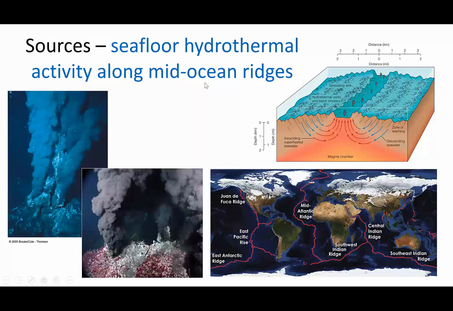We have seafloor hydrothermal activity along mid-ocean ridges. So beneath the 80,000 kilometre long mid-ocean ridge system, we have magma chambers, which are at very high temperature. Those magma chambers are the source of the mid-ocean ridge basalts and pillow basalts that get erupted along the mid-ocean ridges.